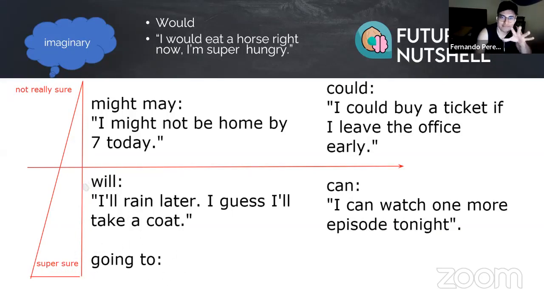If you are in the middle, sure but not completely, or on the positive side, we use will or can. When you are not sure, we use might or may. Would is in an imaginary area. This is a different area. And could is for ideas. Actually, could is possible to be in the imaginary area too.